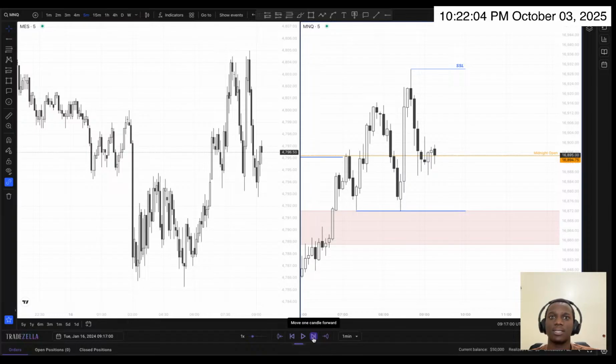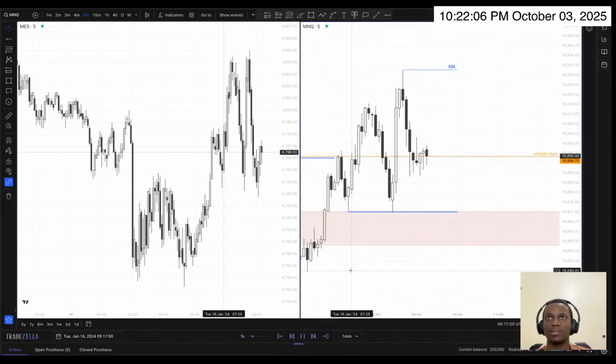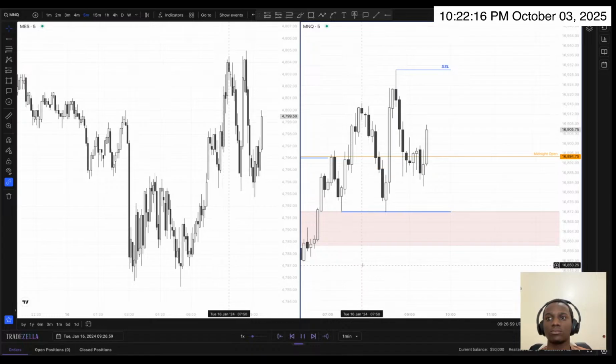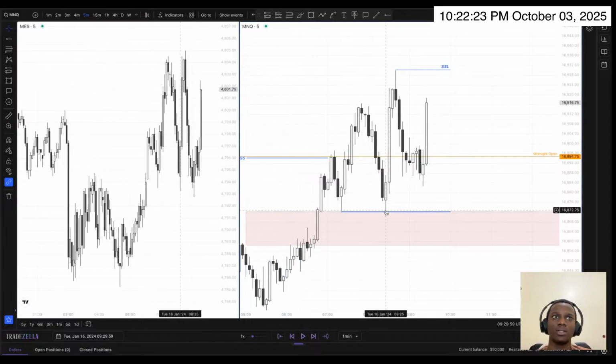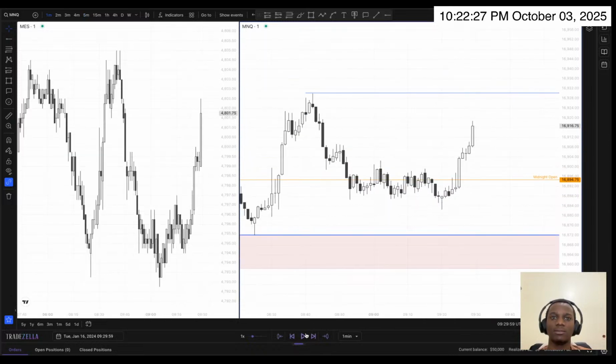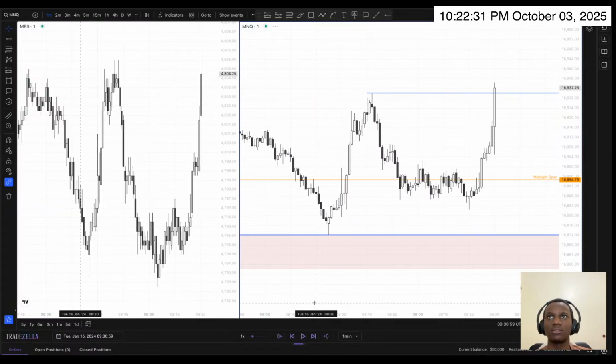Let's wait for the open now. So let's just go open again. 7:28, 7:29. Okay, now I think we can go. We've already formed an SMT here. Put it on there and see what happens at the open. So we run the high here.